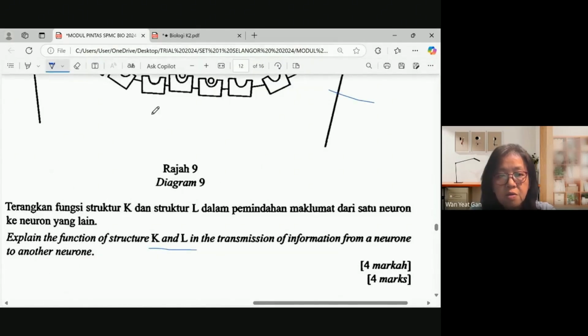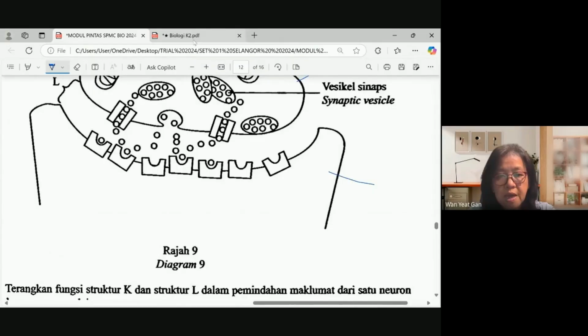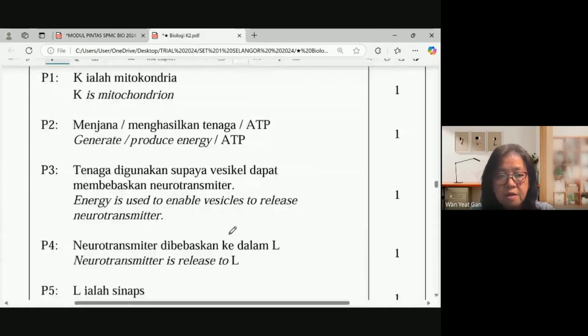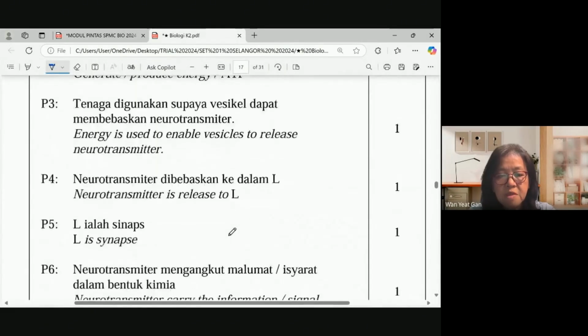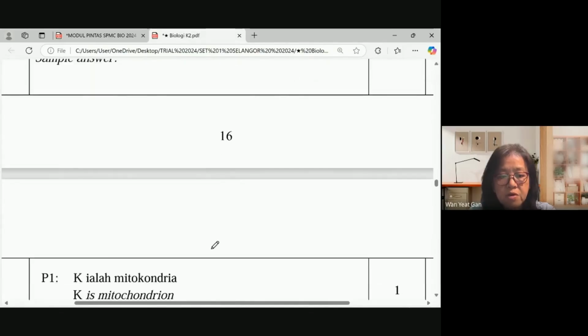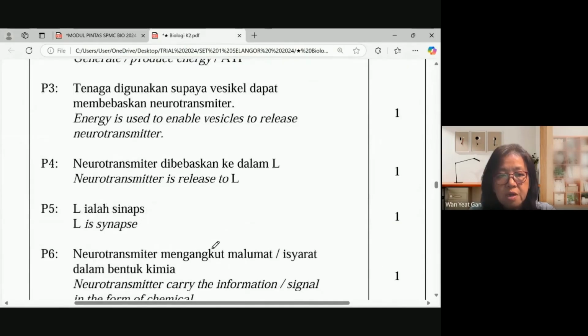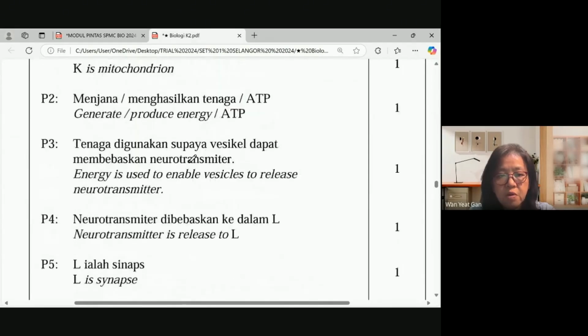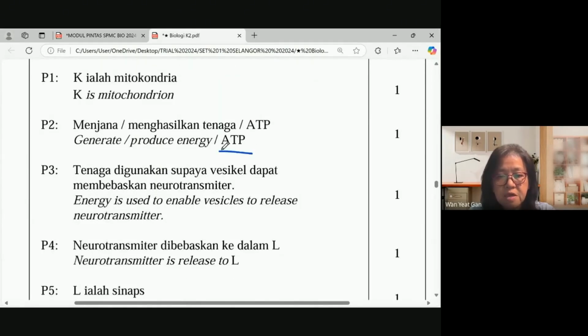K and L. L is the synapse. K is mitochondria. Mitochondria generate the energy that is needed. Generate ATP energy. Use the word ATP energy, which enables the vesicle to release neurotransmitter.